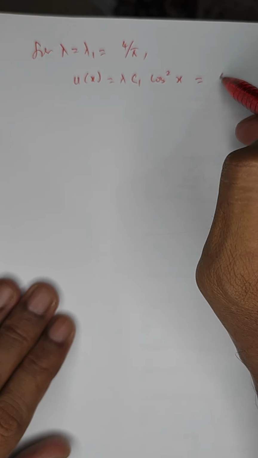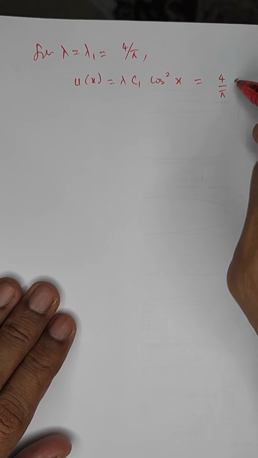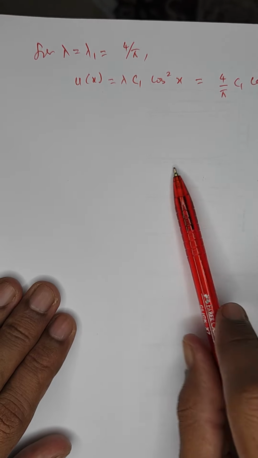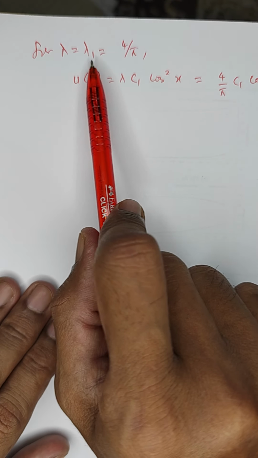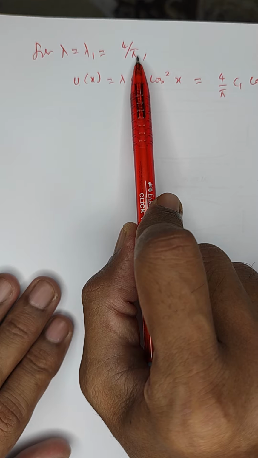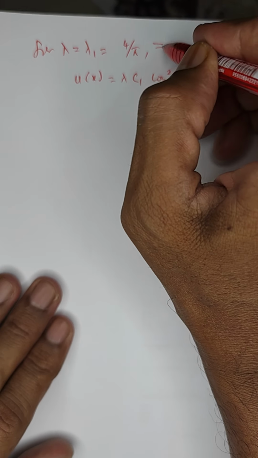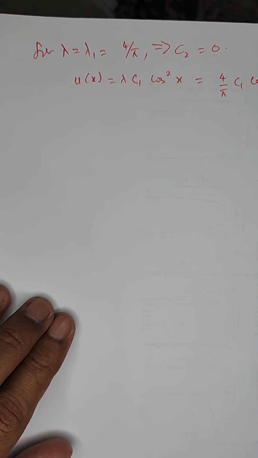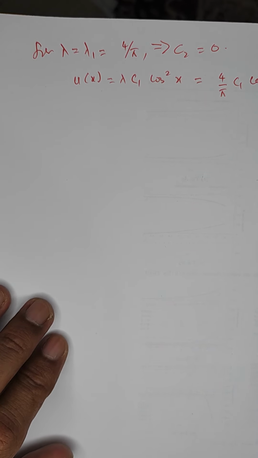This gives you 4 over pi C1 cos squared x. For this lambda equal to 4 over pi, C2 will be equal to 0. Just substitute into the equation that I mentioned earlier.